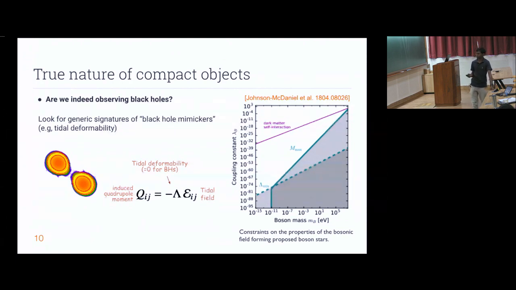For example, here, what we did is that we obtained the constraint on the tidal deformability parameter, and using that constraint, assuming that the mimicker is a pair of boson stars, then we put constraints on the boson star properties. That is the boson mass and a coupling constant. So these are dashed regions. Both the dashed regions are ruled out by such analysis for a sample injected waveform.